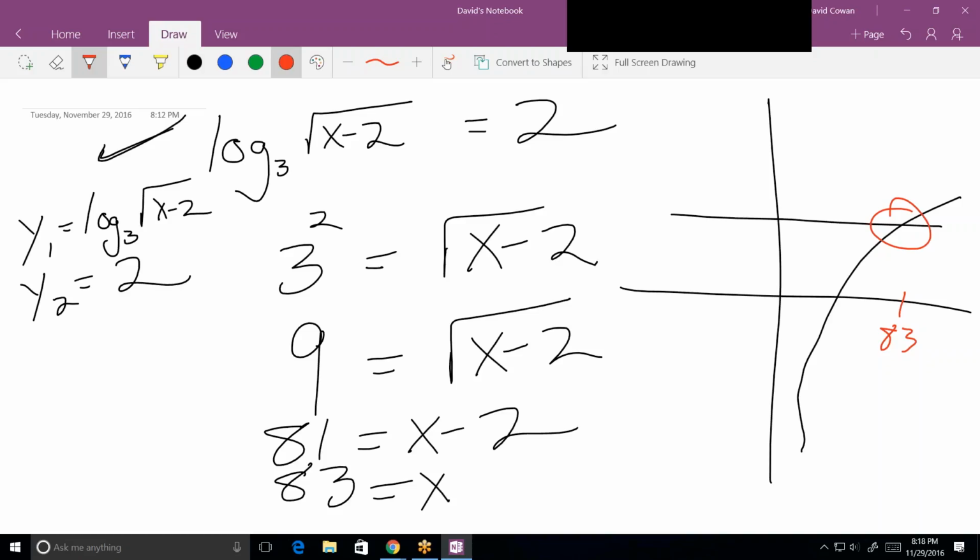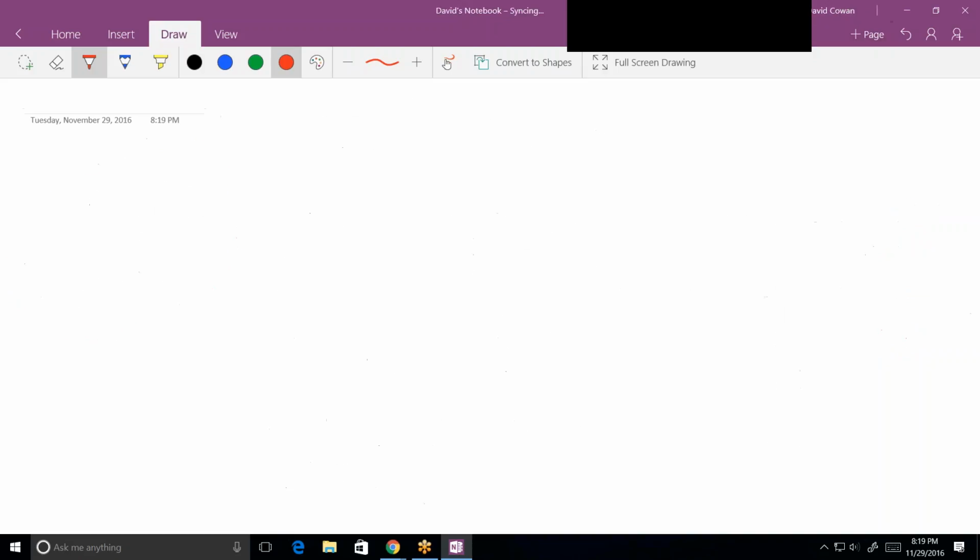Yeah, 83. Okay, cool. And I think that's how they want you to do it when they say verify in your graphing calculator. I think they want you to make two different functions and find their intersection. Okay?